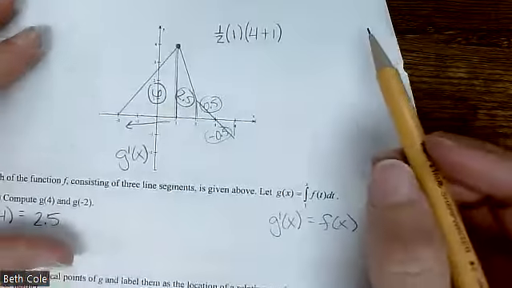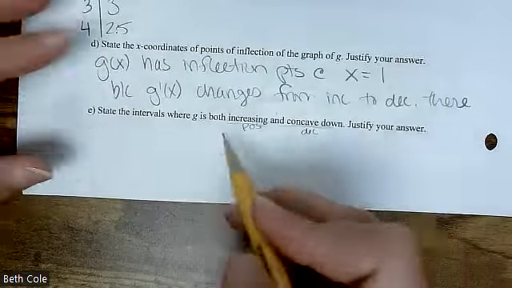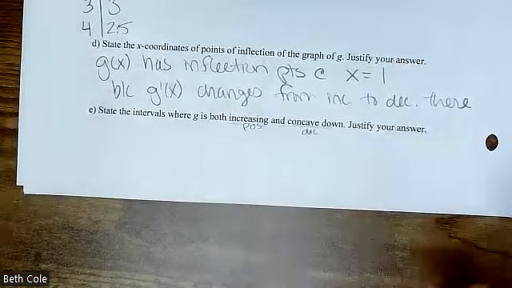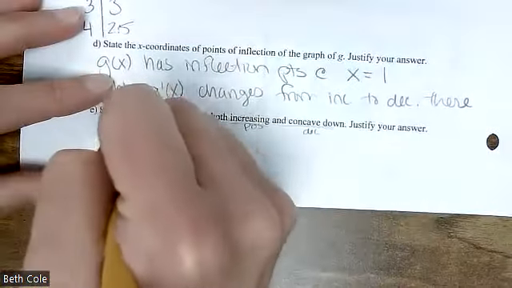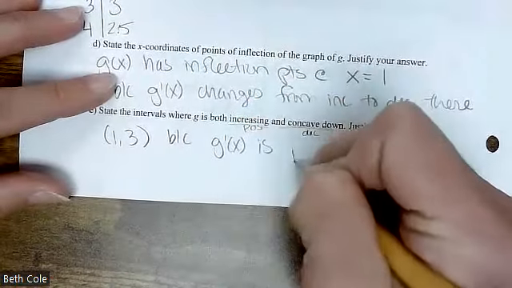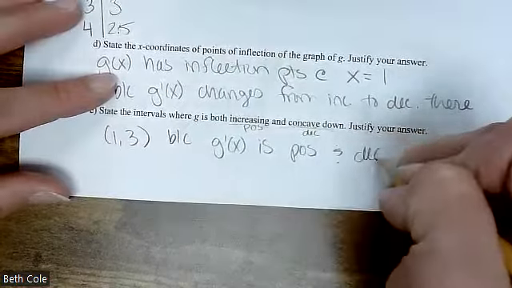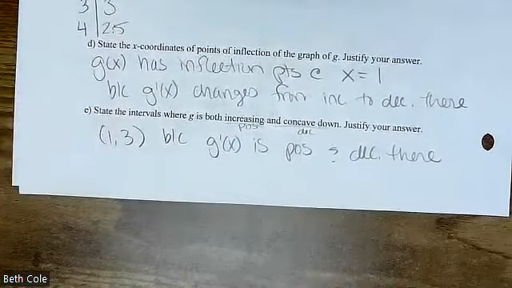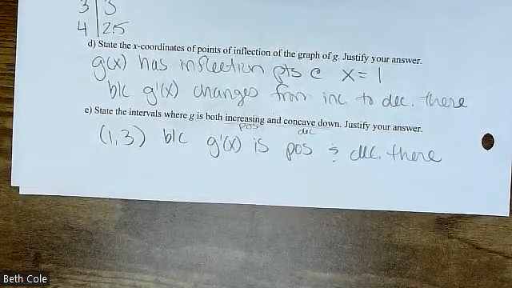So where is that? 1 to 3. Perfect. All right, so now I wouldn't start this with G of X. Well, you could say G of X is increasing and concave down from 1 to 3. I'm going to just write 1 to 3 because G prime is positive and decreasing there. Above sea level, but headed downwards.